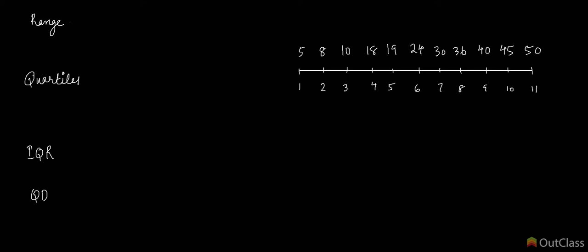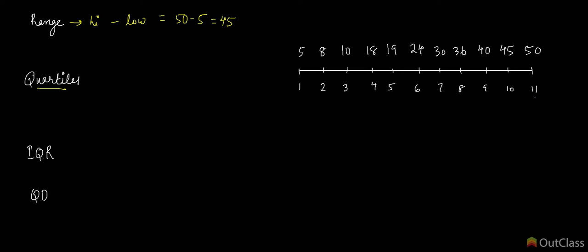Range is pretty straightforward. It is the highest minus lowest. So that's going to be 50 minus 5, so it's going to be 45. Straightforward.